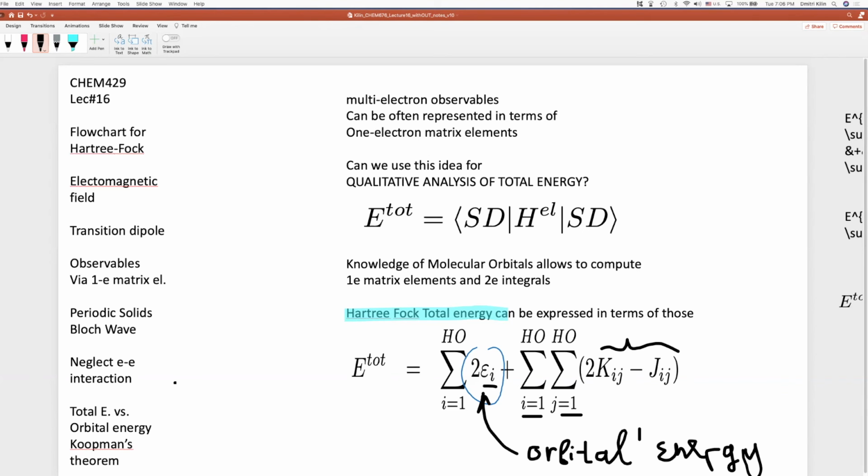So the orbital energy includes kinetic energy and potential energy both. Okay, I got your question, and if you give me a few minutes, I'll answer the question and complete the lecture. We do not have much time left.